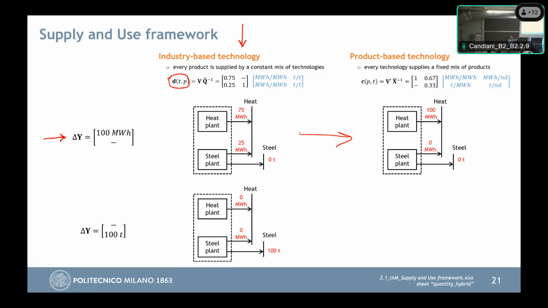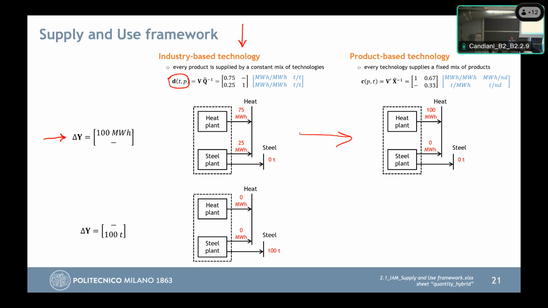You see that this assumption is telling you that whenever I need one extra product, then the technology that is producing such product as the primary product is satisfying such demand, but is also producing all the byproducts according to a fixed product mix. So in this case, we have the heat plant that is just producing heat. So no surprise, we are asking for 100 megawatt hour of heat, and just the heat plant is producing. This maybe is making more sense.